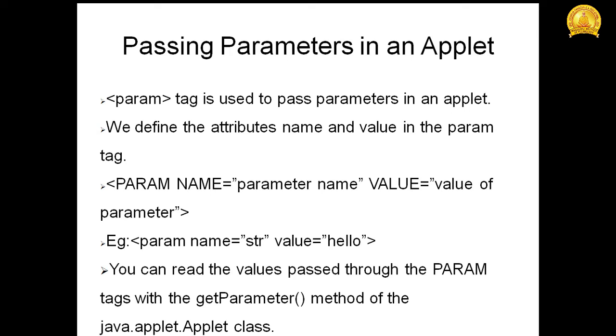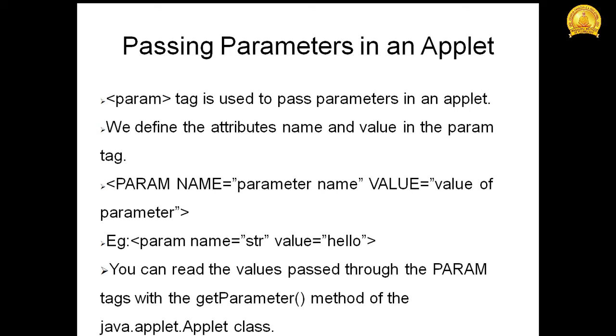The syntax for the param tag is: open the angular brackets, param, define the name attribute, name is equal to, you have to give a name for the parameter, space, value is equal to, give some value in double quotes to the particular parameter, close the param tag. Example: param name is equal to "str", value is equal to "hello".